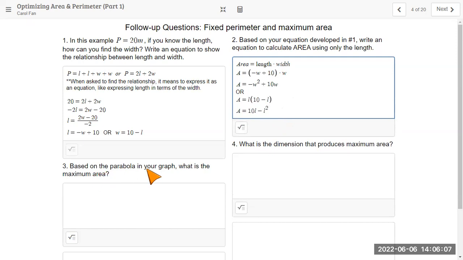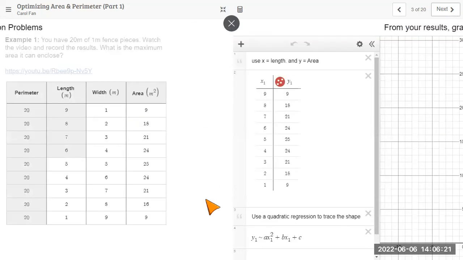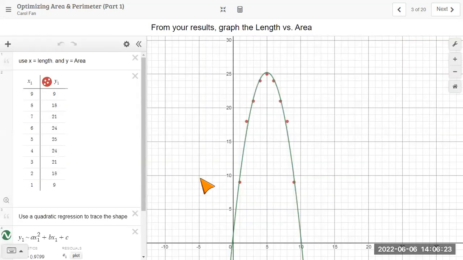So based on the parabola that we had, what's the maximum area? So if I go back to this slide, I see that my maximum area here is 5, 5. 5 and 5 gave us 25.